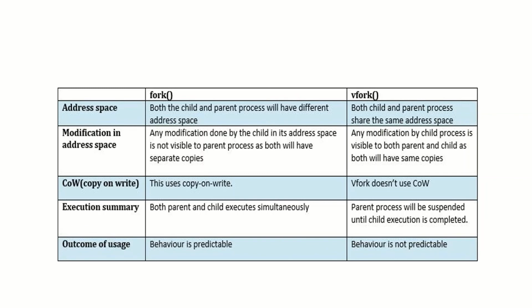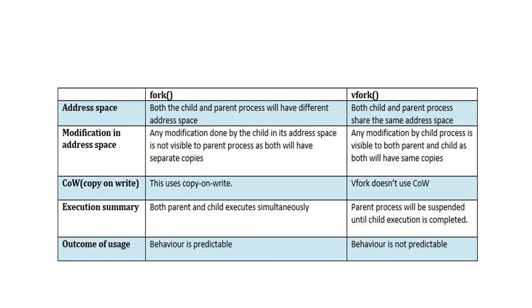Here in vfork, any modification by the child process is visible to both the parent and the child as both have the same copies, nothing but both point to the same location. So any modification done by any of the processes is displayed with the other process's information also.